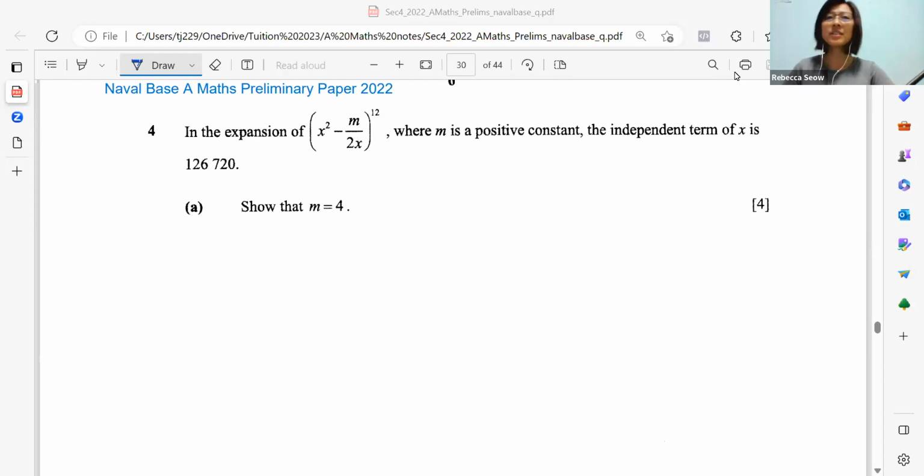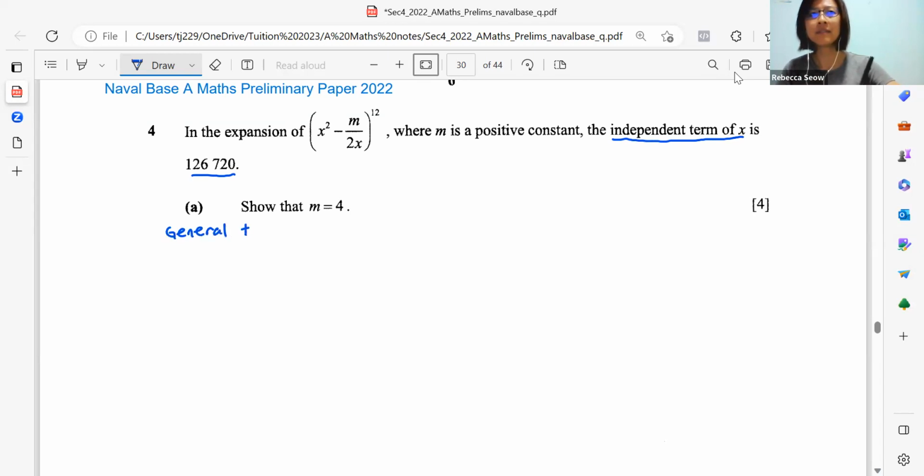For a question like that, when we have phrases like "the term independent of x is", usually we are looking at a specific term in the entire expansion. With that, let's consider the general term. How can we find the general term of this expansion?